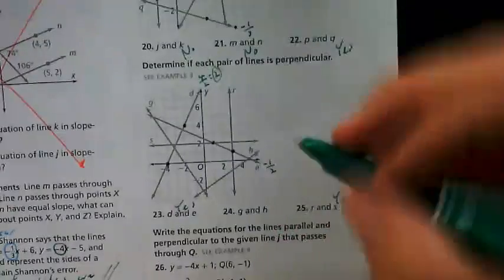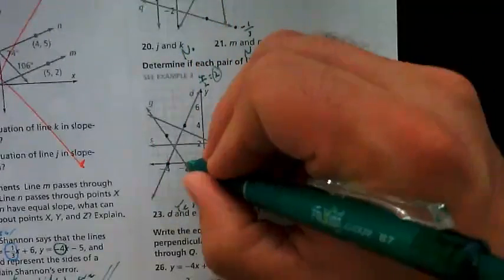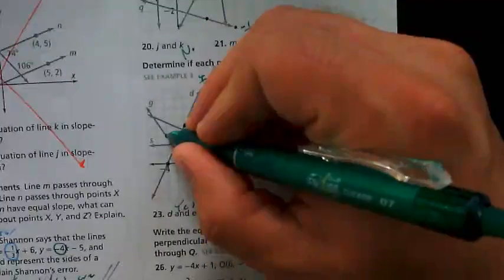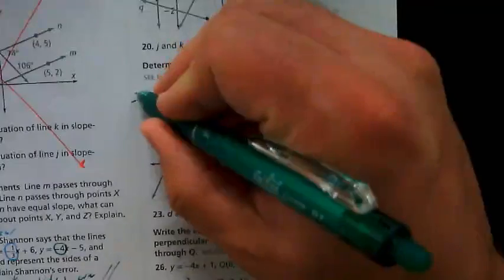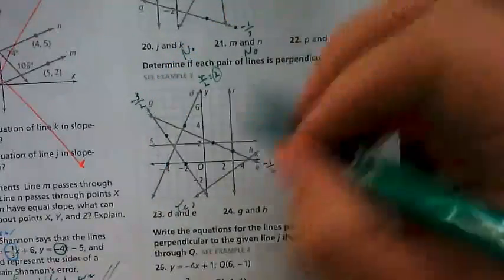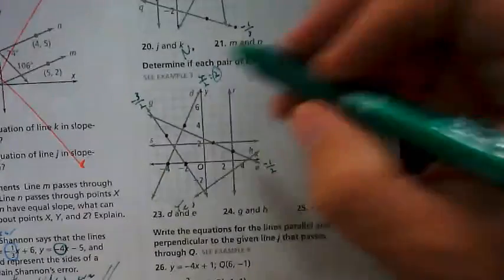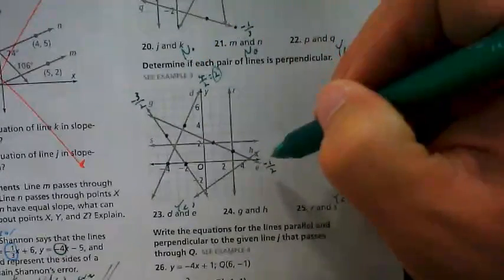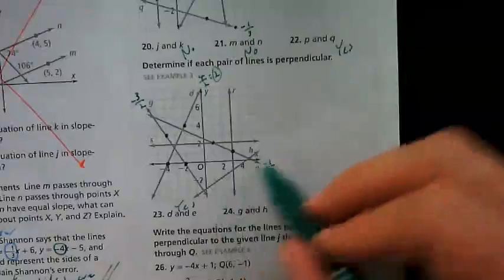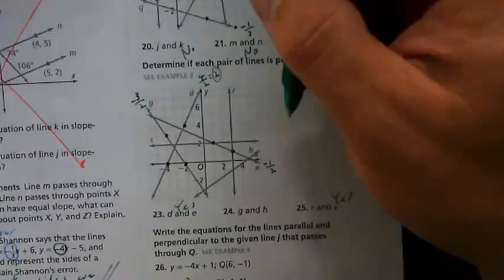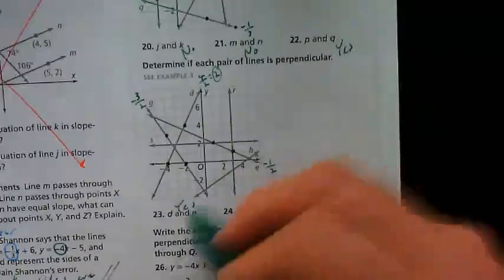G and H. Again, pick 2 points. I can clearly tell it goes through there's 1, there's 2. So this is going down 3 over 2. What was the other one we were looking for? H. Here's G, H. Alright, this one.